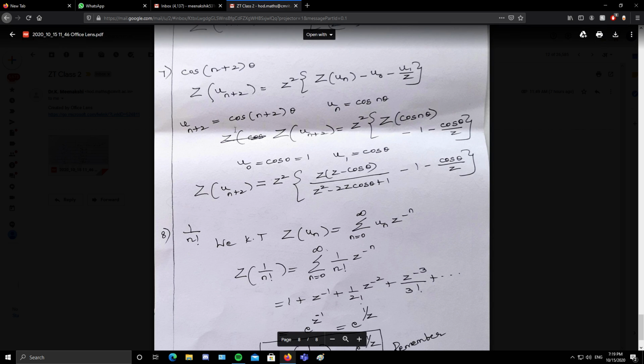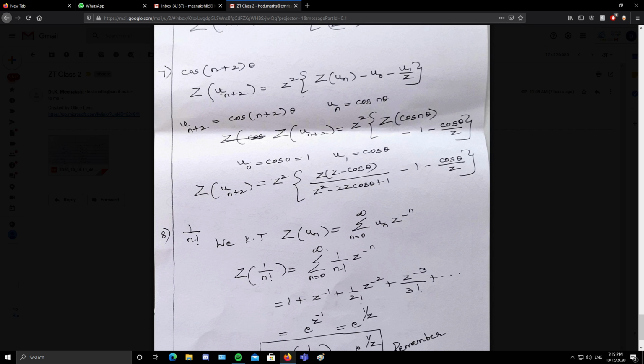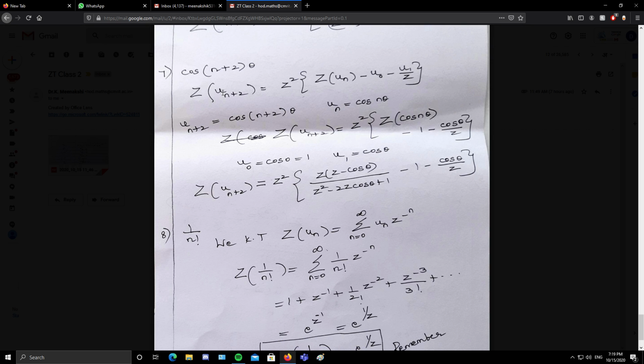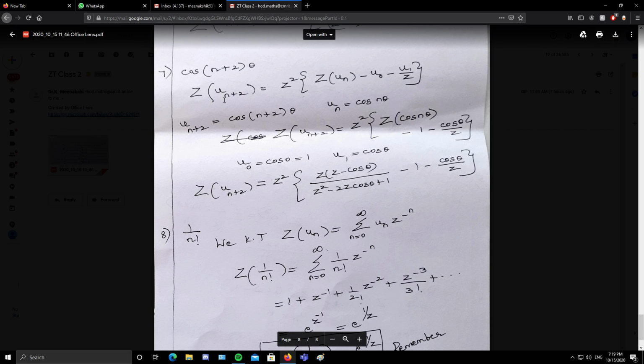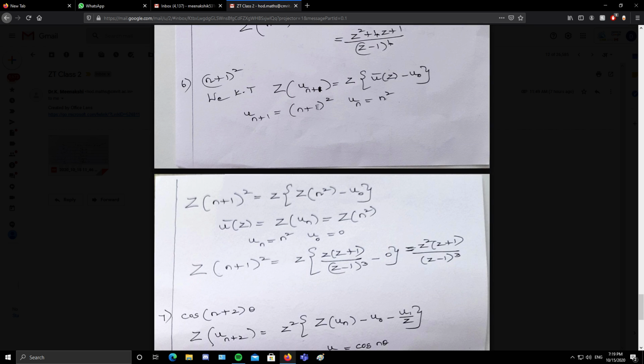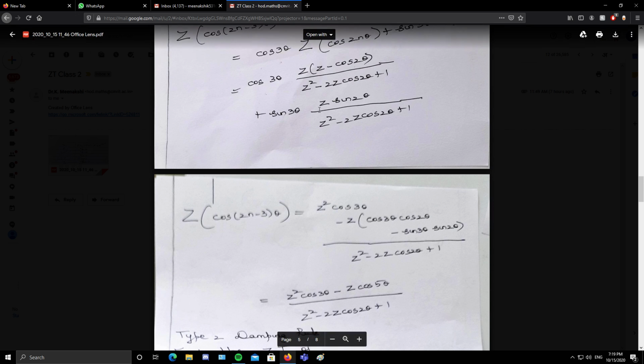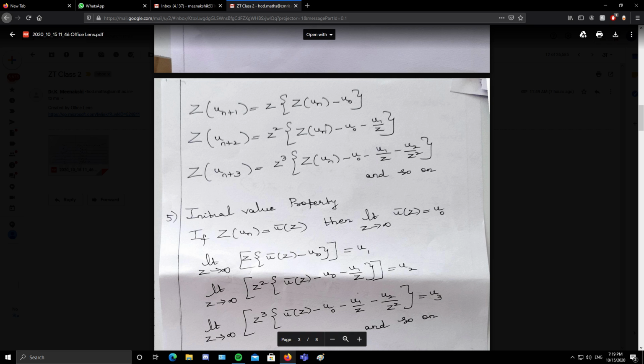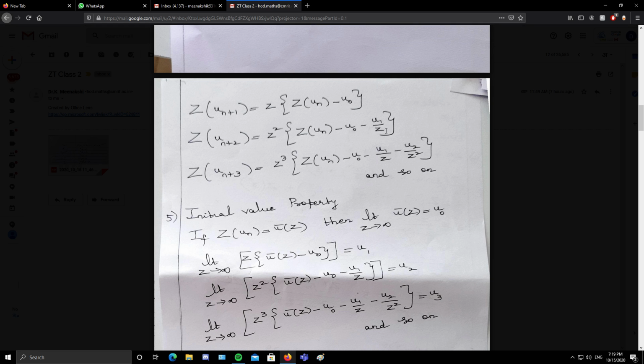Next we have cos of (n+2)θ. So again you have the shifting property, n plus 2 type. So write the formula. N plus or minus k means shifting property. N minus k or n plus k, shifting property. So z of u(n+2). What is the formula I have given here? Z of u(n+2) is z square into z of u(n) minus u naught minus u1 by z.